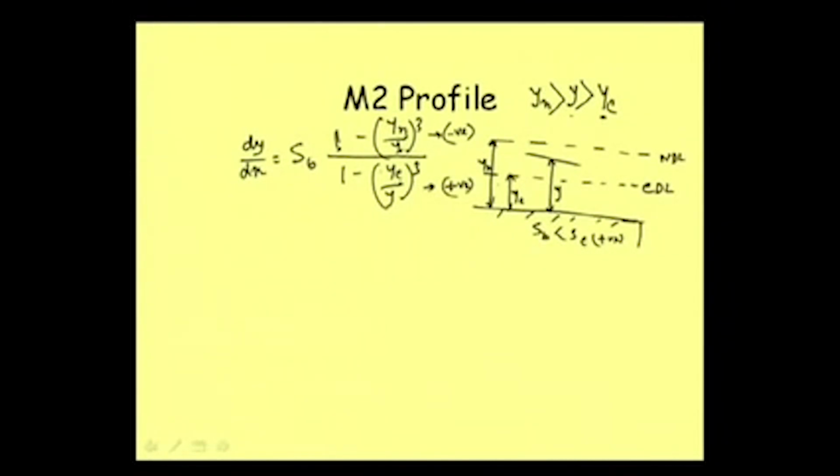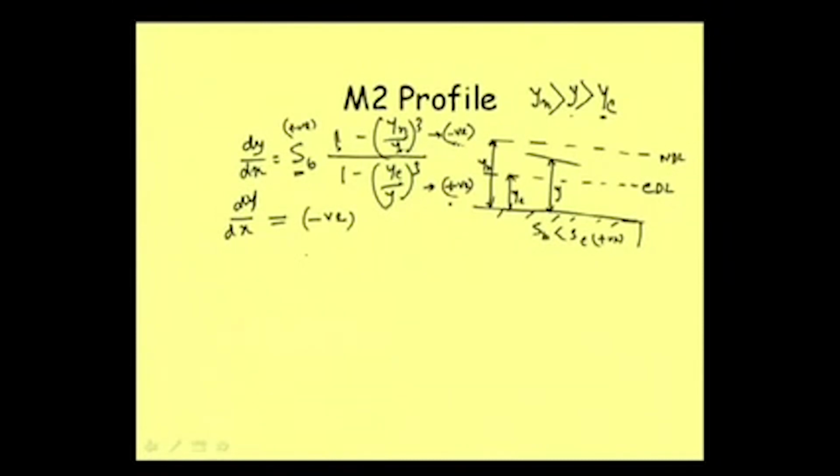So the numerator is negative and the denominator is positive, so negative by positive, and Sb is positive. That way dy/dx is equal to negative, whatever may be the value.